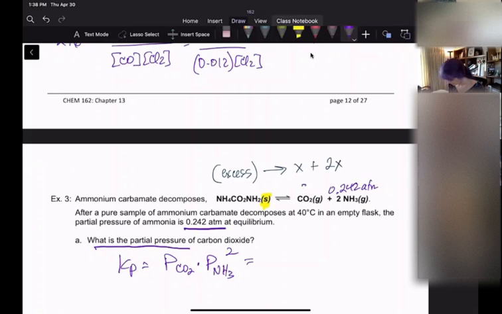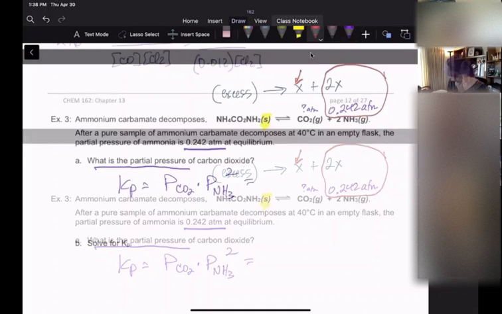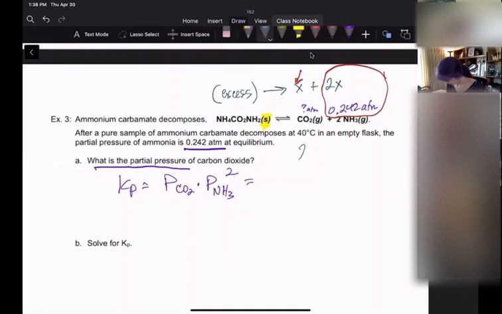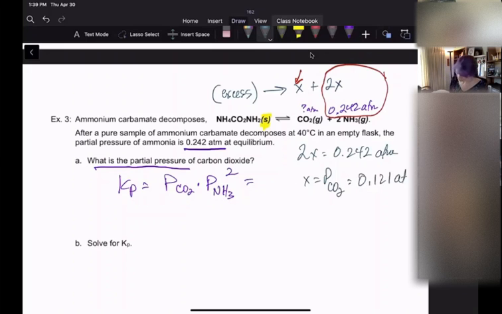Here we want to know how many atmospheres. So we can use this part to figure out what is the pressure of CO2. Here, 2x equals 0.242 atmospheres. So x is the pressure of CO2, and then our Kp is going to be the product of those.